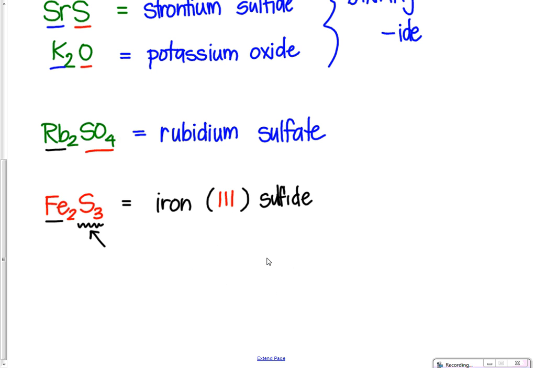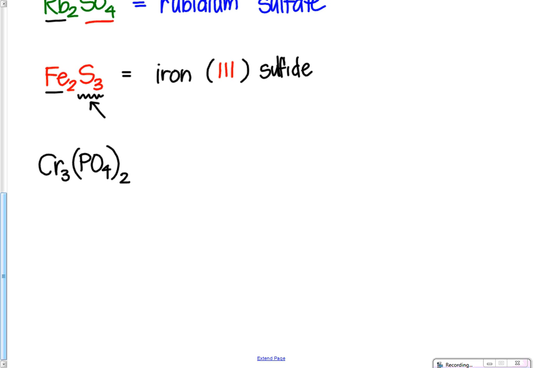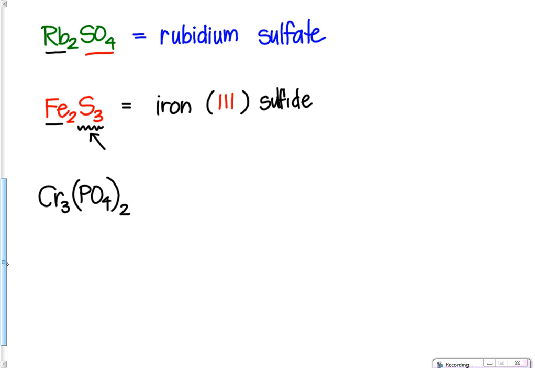Let's do one last example. This time I'm going to give you Cr3(PO4)2. So these formulas can get more complicated, but keep following the same rules. In this one, what I want you to do is find the positive part of the compound. That's chromium. That means everything else must be part of the negative.